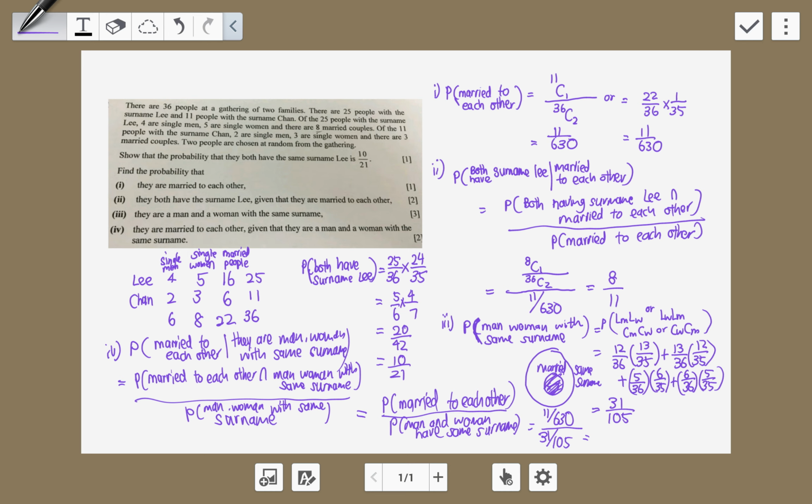That results in the answer 11 over 186. Therefore, I've solved all 4 parts of the question.